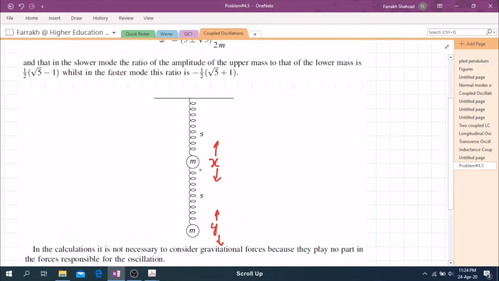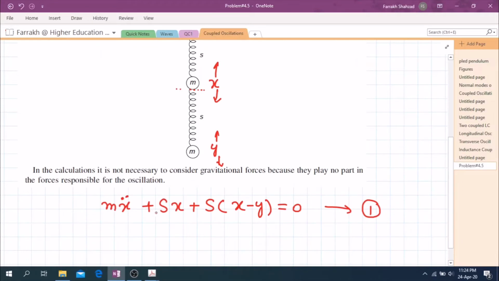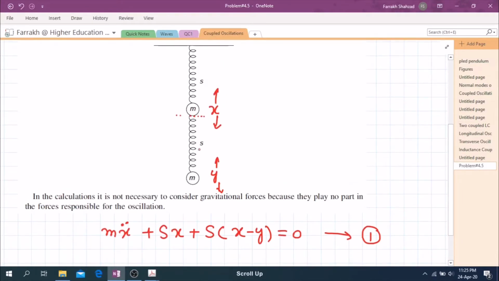First we write the equation up to here, so it is the same case as a mass attached to a single spring. We know how to write its equation, m x double dot plus Sx, but it is also attached to the lower spring, so we also need to write this term in which the resultant displacement is the difference of these two displacements.